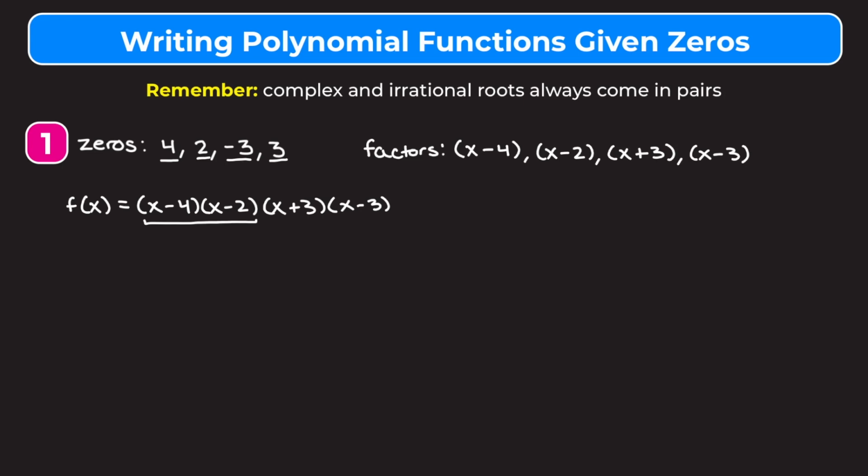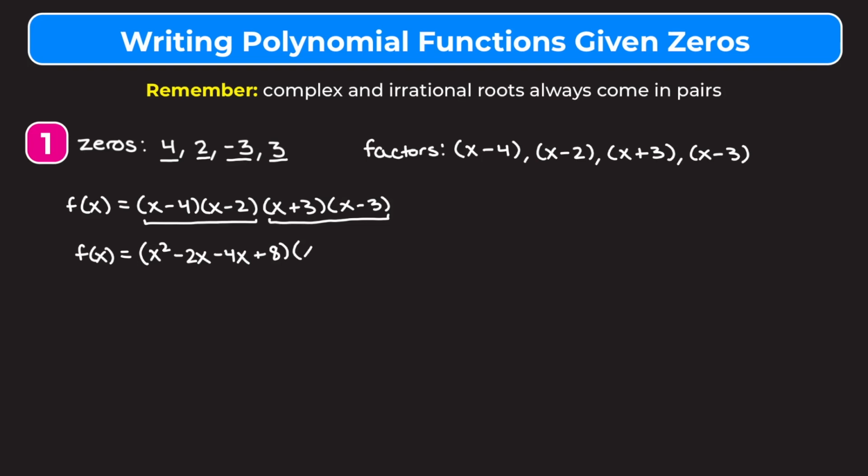I'm going to FOIL. So I'll have f of x equals, and I'm going to keep my answer in parentheses so that I can multiply it by these next two binomials multiplied together after. So we're going to do x times x, which is x squared. X times -2 is -2x. -4 times x is -4x. -4 times -2 is positive 8. And then we're going to multiply x plus 3 times x minus 3.